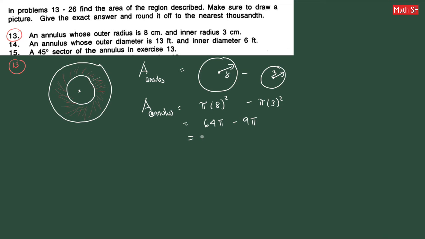You can do it in your calculator or mentally. 64 minus 9 is 55. So I'm going to have 55 pi, because they want you to find the exact solution. So the area of the annulus is 55 pi.